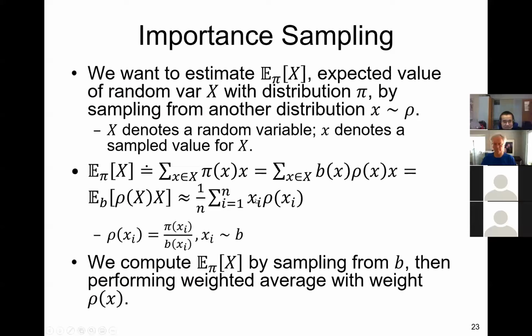Here we're discussing general random variables, not really reinforcement learning. So we compute the expectation of random variable x with distribution pi by sampling from another distribution B, and then performing a weighted average with weight rho, where rho is pi over b for each xi.